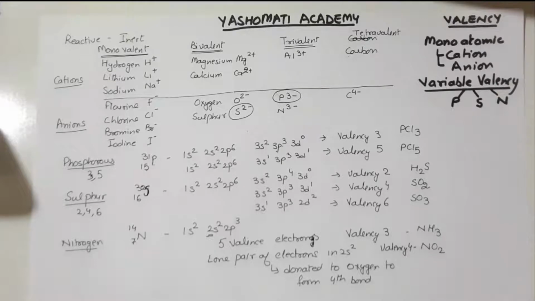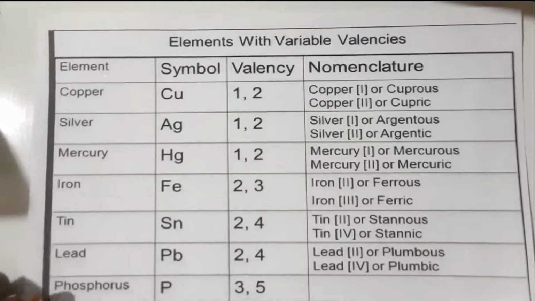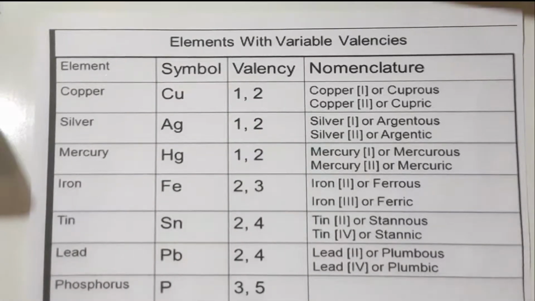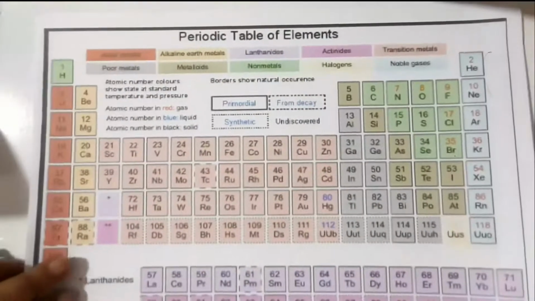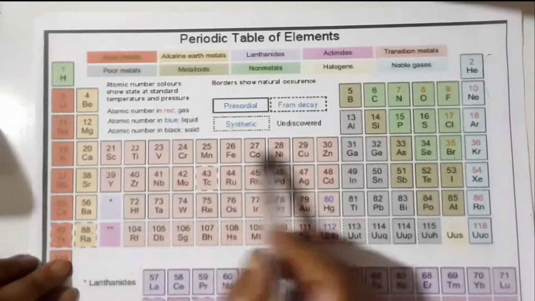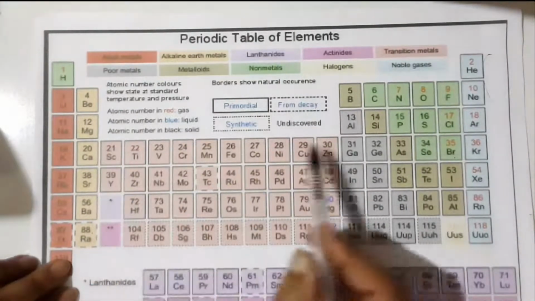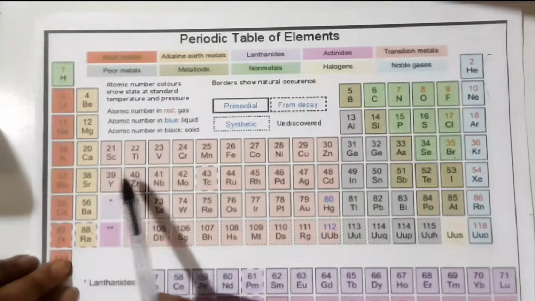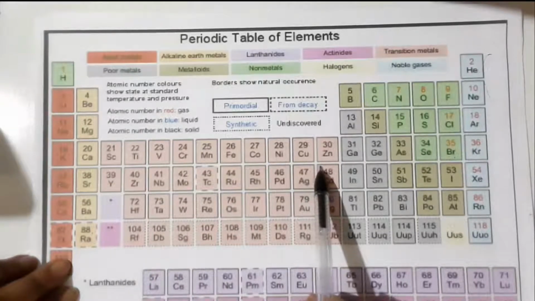So this was regarding the first 20 elements which we have already studied. If we go further in the periodic table, we can see that certain other elements also show variable valency. The elements placed in the D block are called the transition elements.